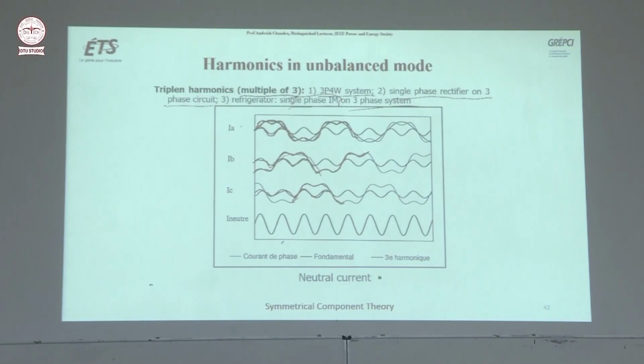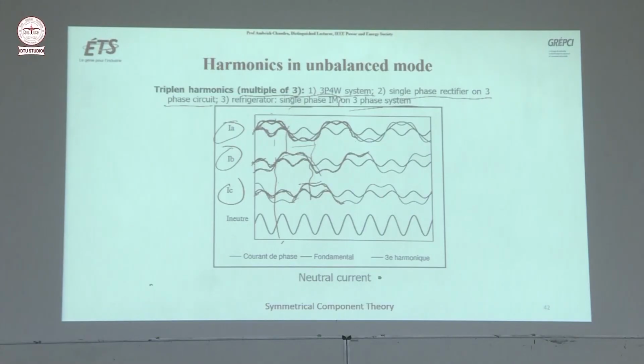Although the original currents IA, IB, IC have a 120 degree phase shift, see, from here to here 120 degree phase shift. But the third harmonic of phase A, of phase B, and of phase C are in the same phase, same amplitude.